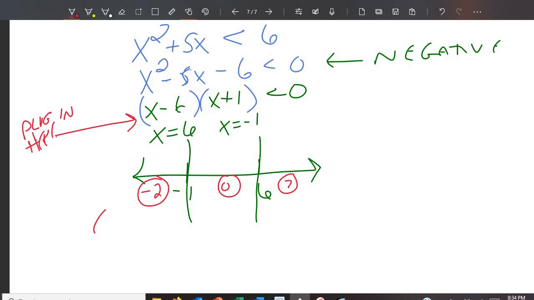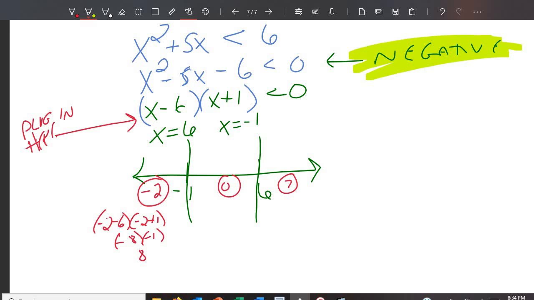Alright, so we're going to have negative 2 minus 6 in the first parentheses, negative 2 plus 1 in the second. That gives me negative 8 times negative 1, which is positive 8. My answer needs to be negative. This is definitely not a negative number. So we're going to cross this region out. Will not work.